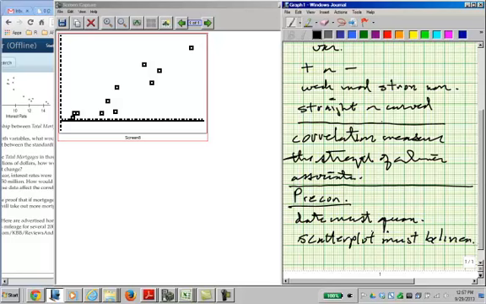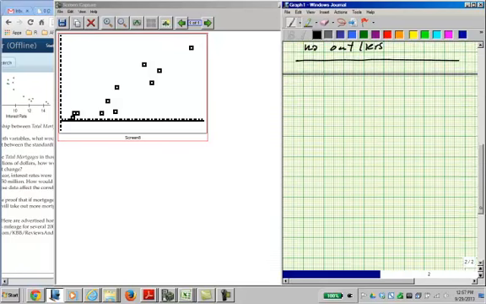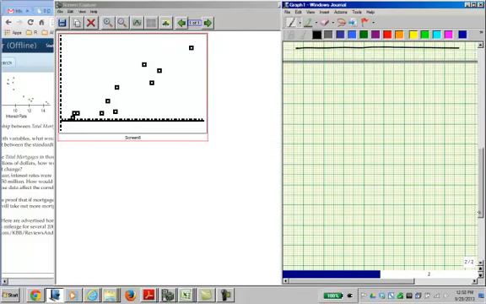And third condition, no outliers. If any of these conditions fail, data is not quantitative, scatter plot's not linear, or there are really noticeable outliers, that will preempt you from using correlation. In other words, you cannot use correlation unless your data is quantitative, linear, and does not have outliers. If there are outliers, that's the one condition you can work around. You make note of them, and you compute the correlation with and without the outliers.